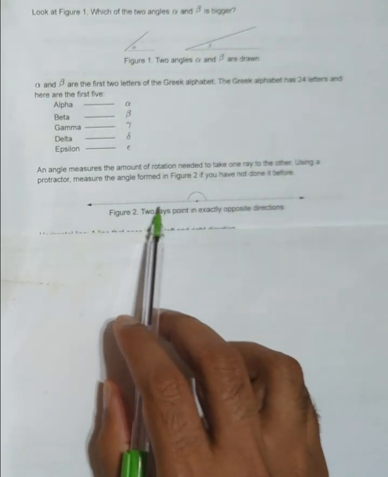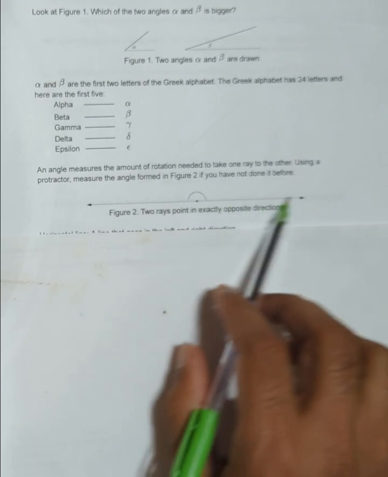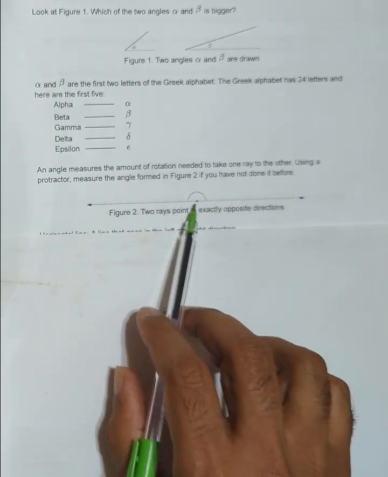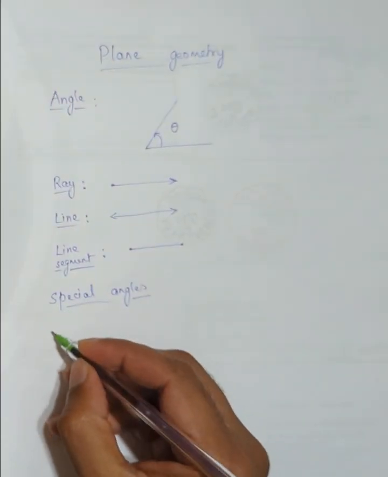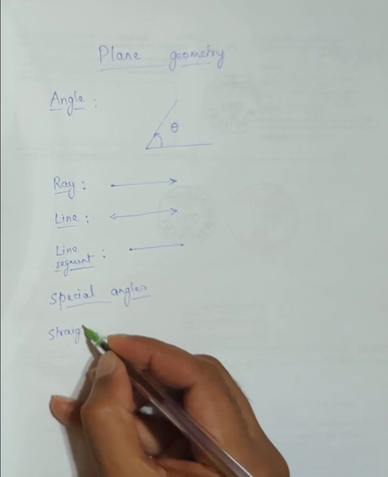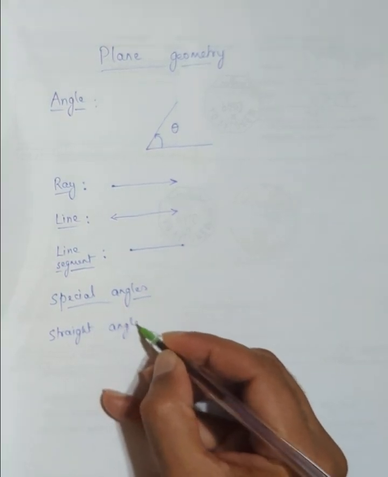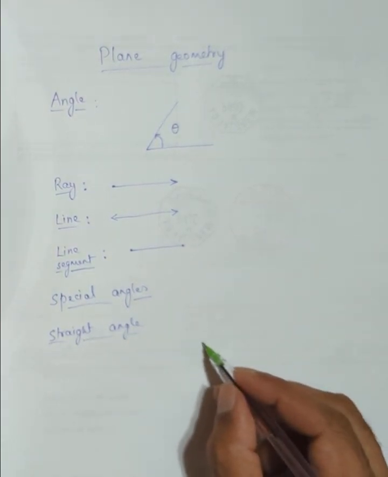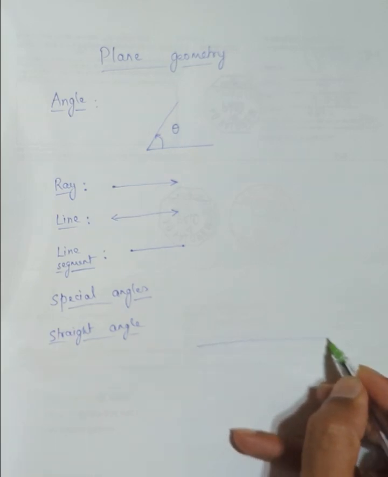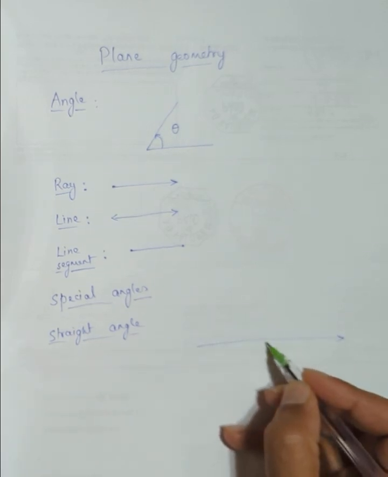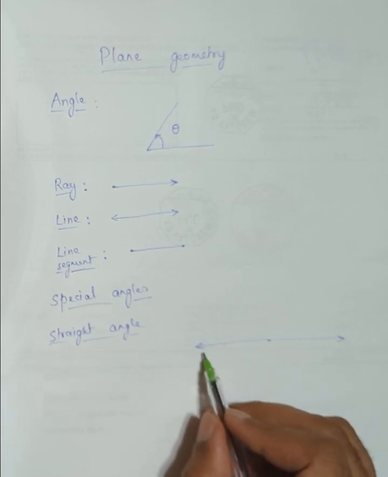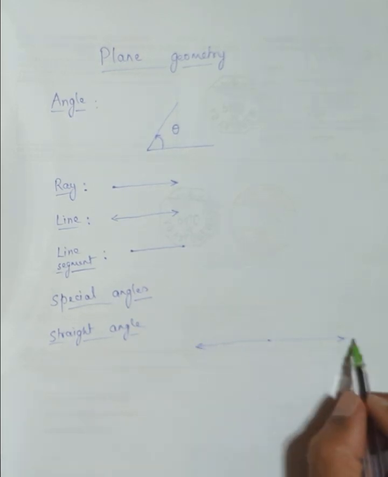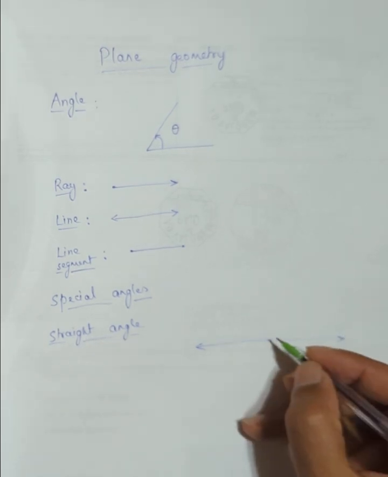If you have an angle that is formed between two rays that point in exactly opposite directions, then this is called a straight angle. Let's go ahead and write it down. A straight angle will look like this. One ray, if it points to the right, the other ray will point to the left. But they both will be along this straight line. That's why it's called a straight angle.